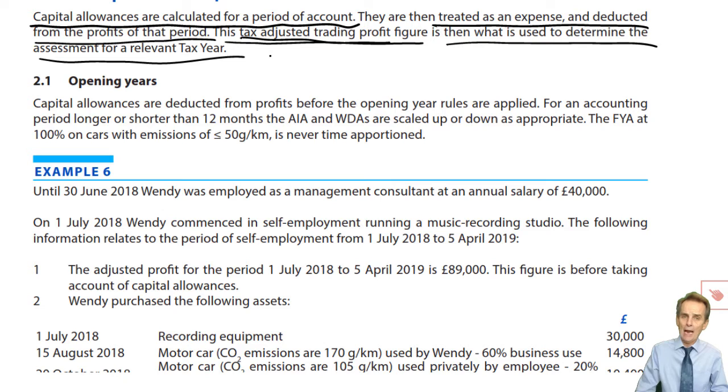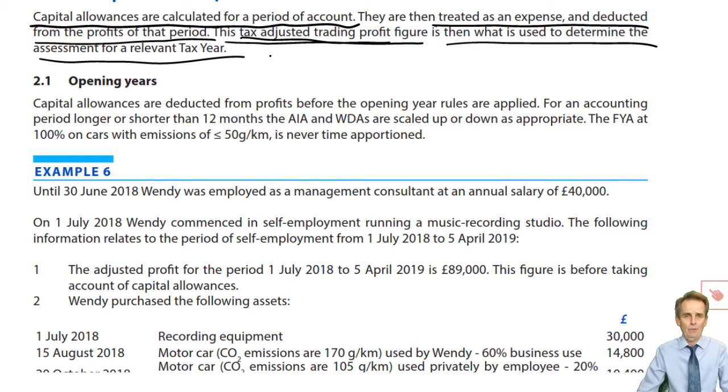We're going to reduce down the level of WDA. If it's a 6-month period, we'll get 6/12 of the annual WDA. 9 months, 9/12, 15 months, 15/12 of whatever would otherwise have been the annual WDA. So we need to time apportion that.